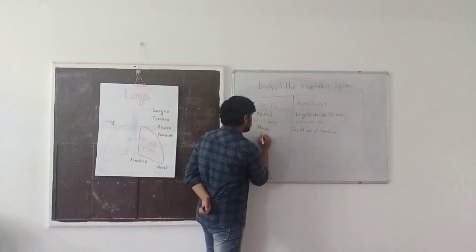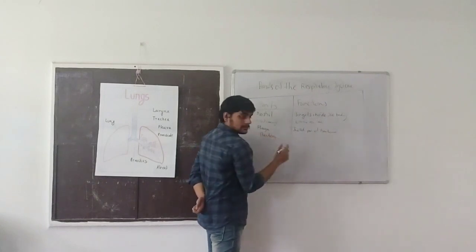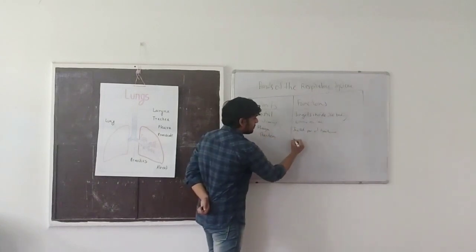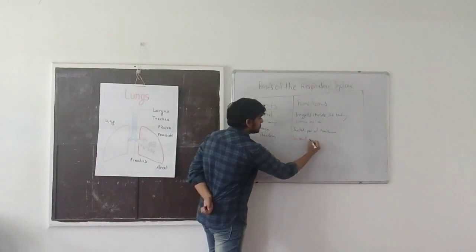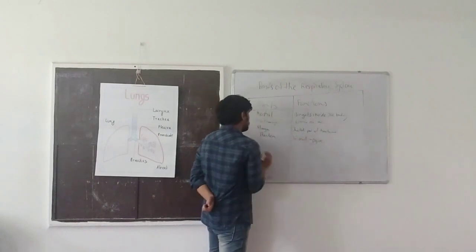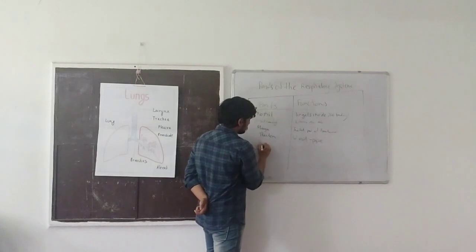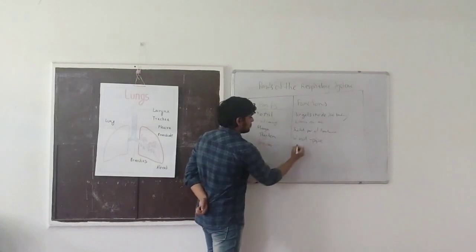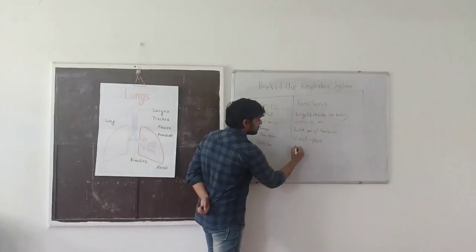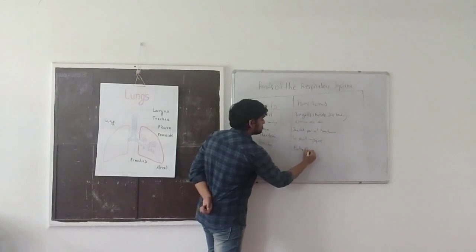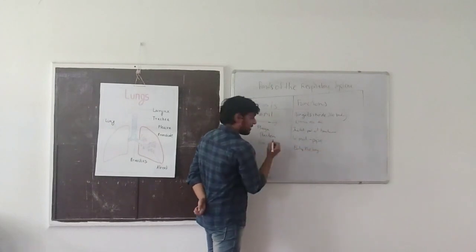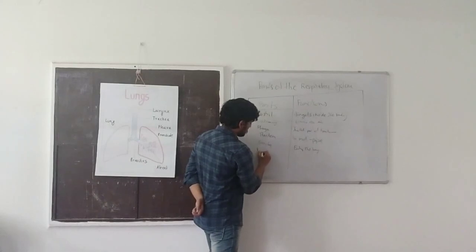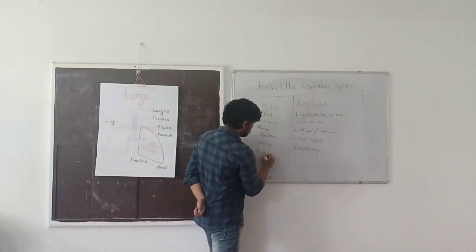Okay. What is trachea then? Trachea has C-shaped cartilage, so the windpipe. Then trachea is divided into bronchus, like a branch part which enters the lungs. And then comes bronchioles.